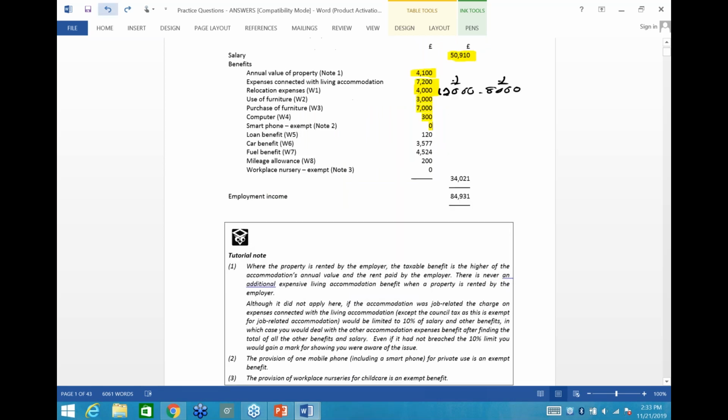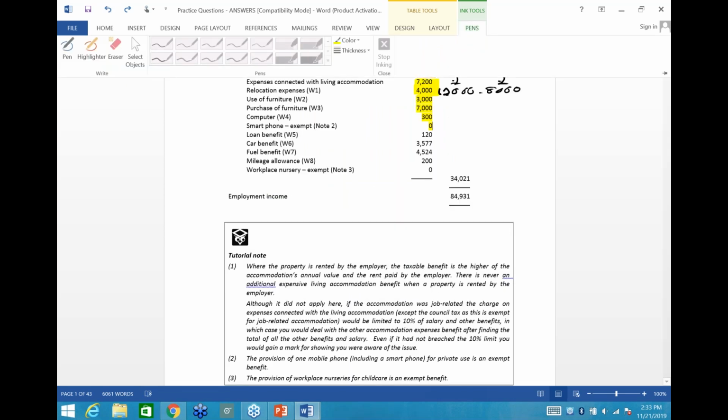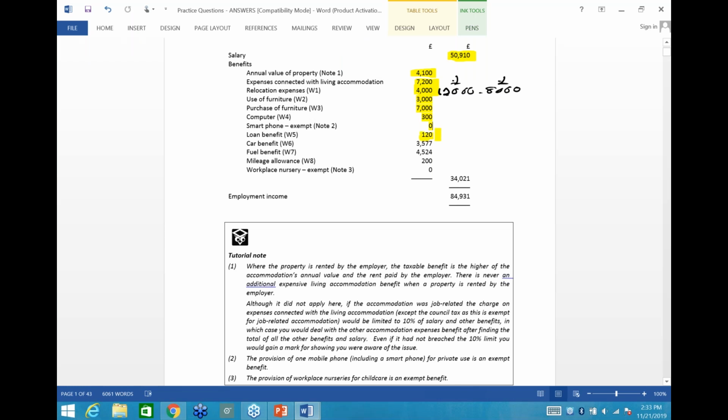So you can see 120 pounds here. Then we'll read the balance part of the question.